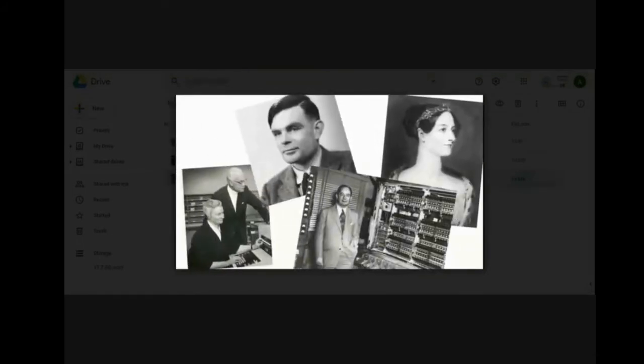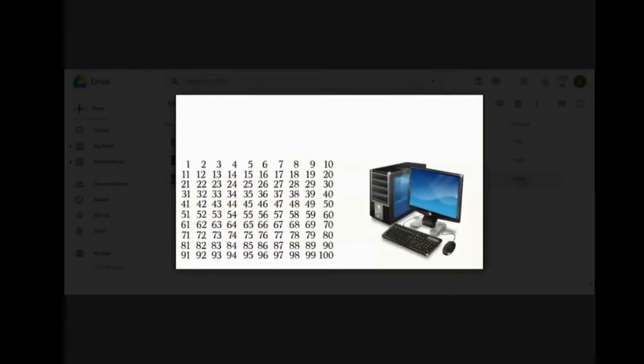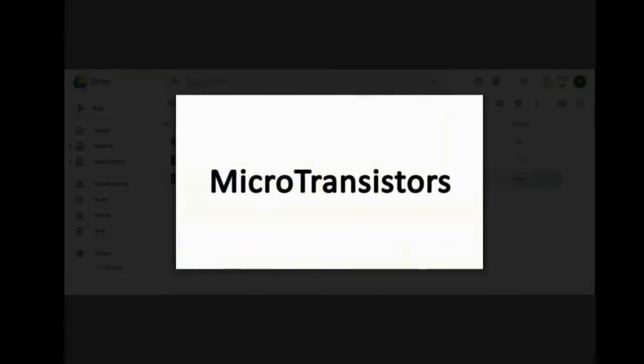Literally. So now that we know how binary works, let's talk about computers. Why did the first computer creators, as wise and intelligent as they are, waste their time with such an ineffective system of counting? Well, it's because of a physical limitation on how computers work. Everything a computer does comes down to what's known as microtransistors.